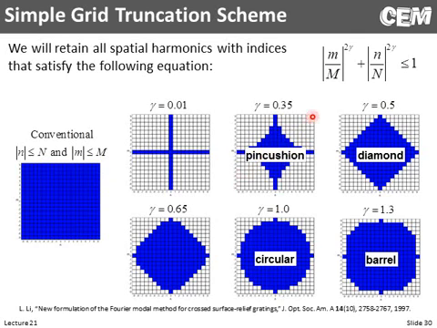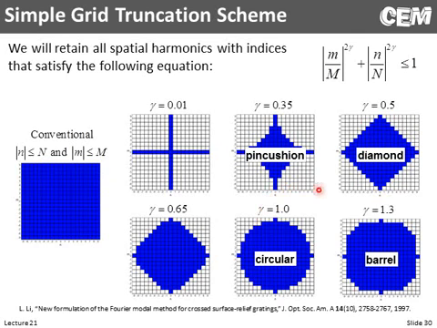If we were choosing this, we probably would want to know that the energy is in the spatial harmonics more towards these axes than on the diagonal. Well, we could set gamma to 0.5 and we have diamond truncation. I would argue this really isn't any good, because all we have is a square truncation again, just rotated with fewer harmonics. So I don't really ever consider diamond.